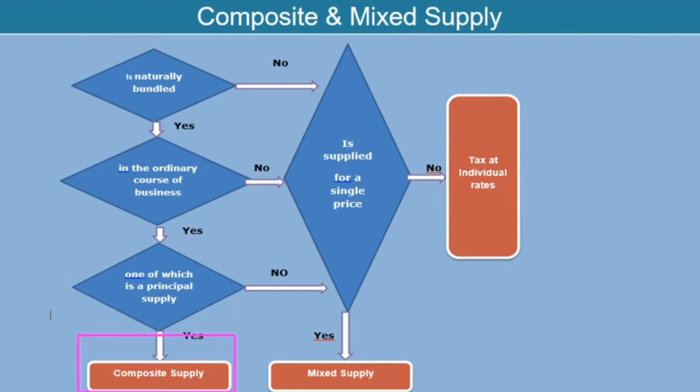So you have to check the same sequence, these three conditions. If the answer to all three conditions is yes, then that becomes a composite supply.